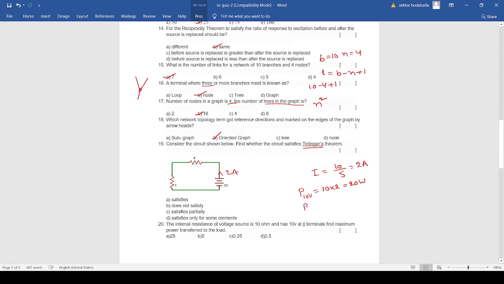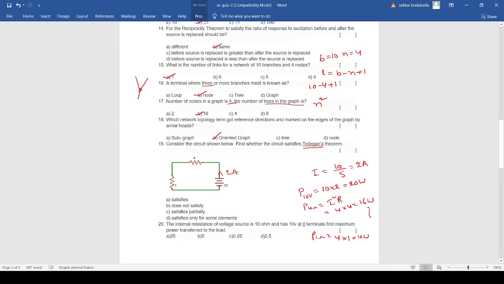Now the power dissipated in the 4 ohm resistor is given by I square R. So I is 2, 2 square is 4, 4 multiplied by 4 is 16 watts. And the power dissipated in the 1 ohm is I square, 2 square, that is 4 multiplied by 1, that is 4 watts.